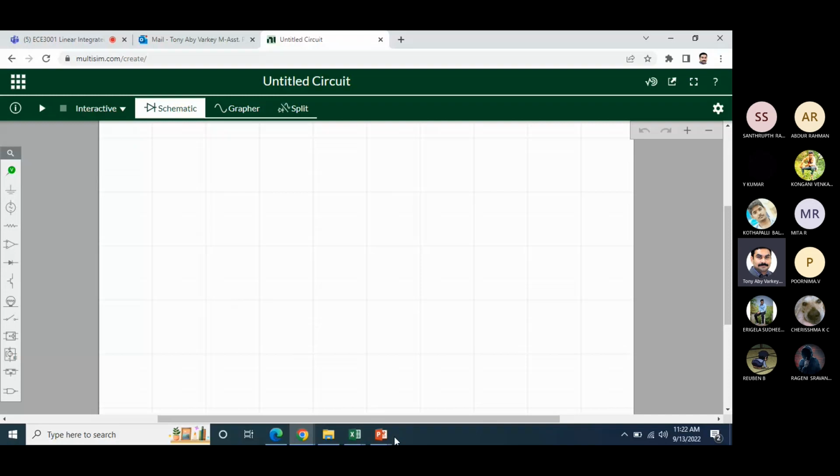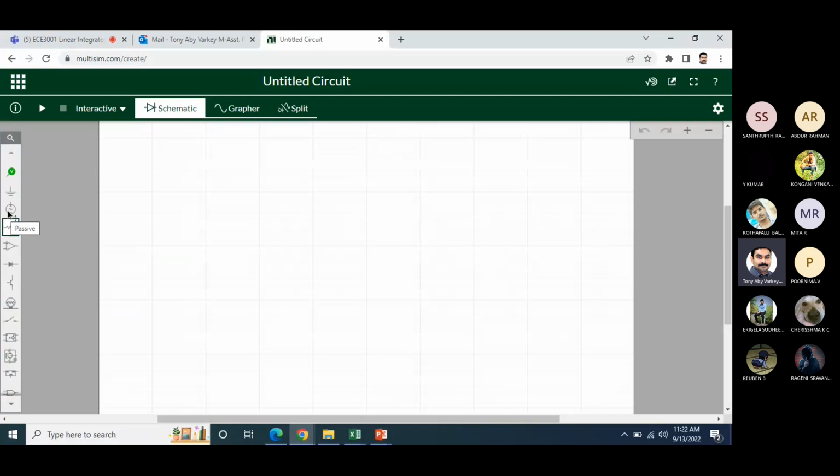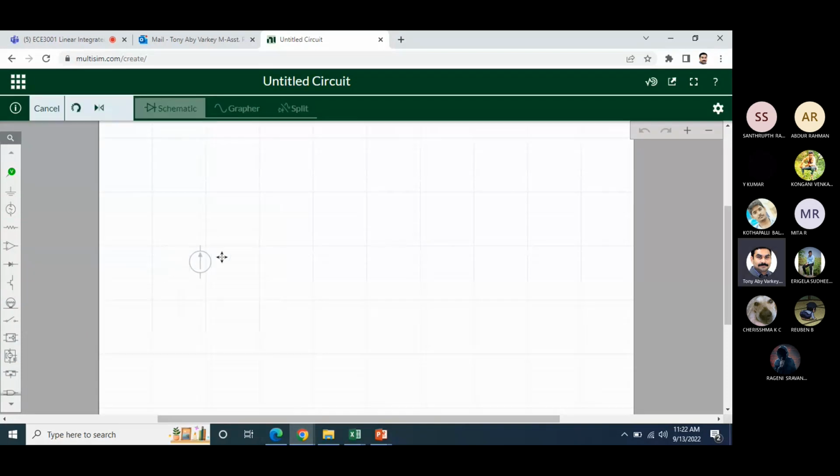So whatever things are required, you just take. Looking at this, I need resistors and two current sources. First I will go here, you can see sources. Inside sources you can see DC current source. Click on that and just place it here.